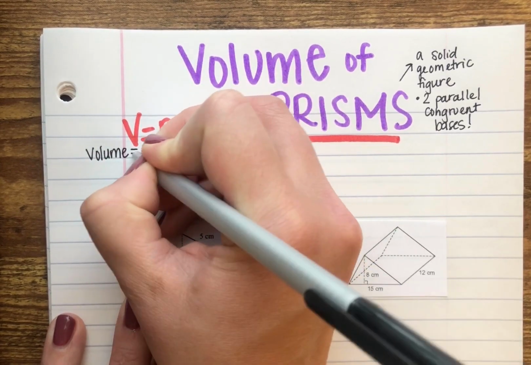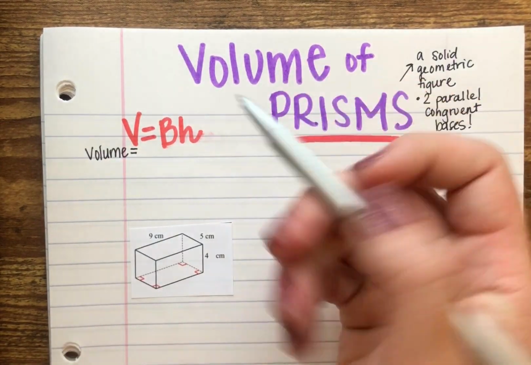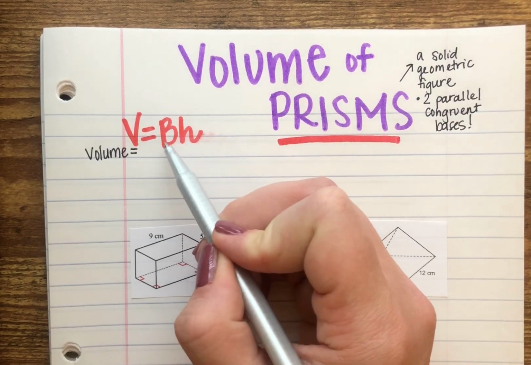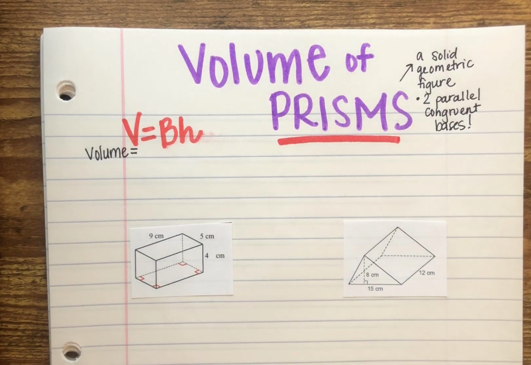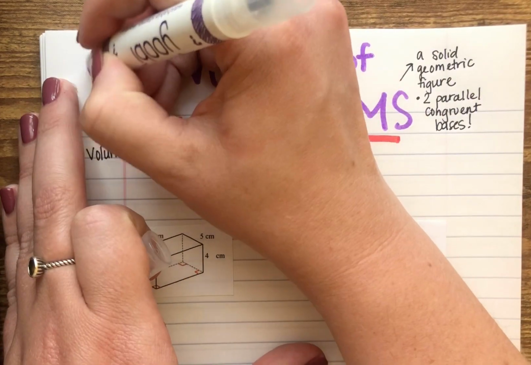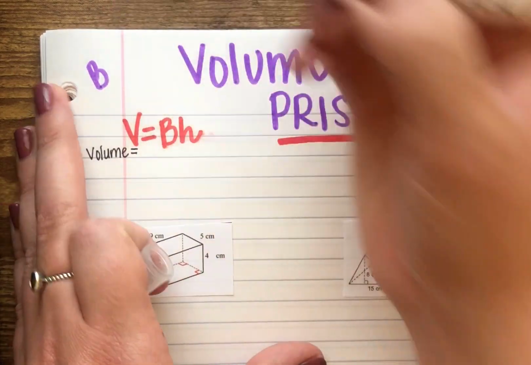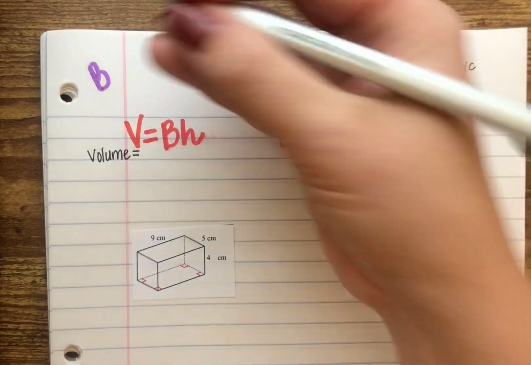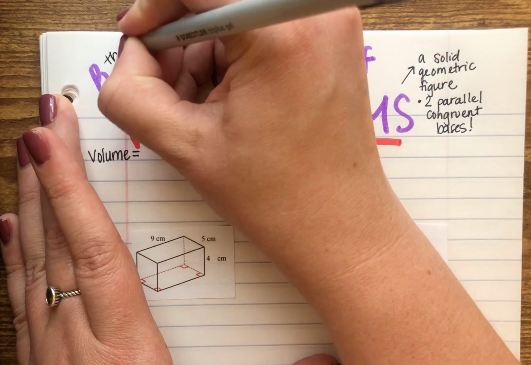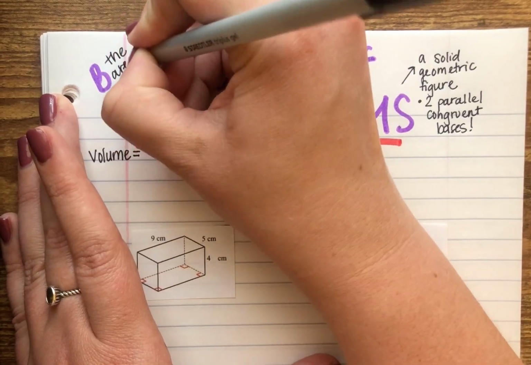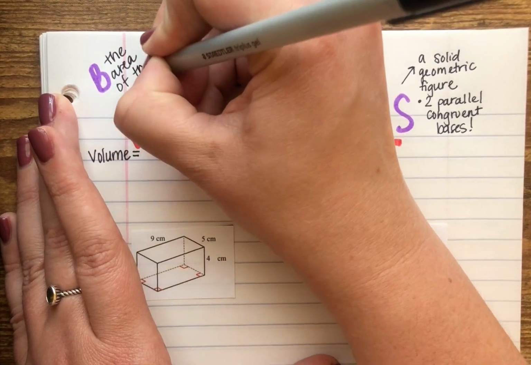To find the volume, we're going to plug in capital B. Capital B is really important, and I'm going to make its own little section up here at the top. Capital B has a really important definition. Capital B stands for the area of the base.